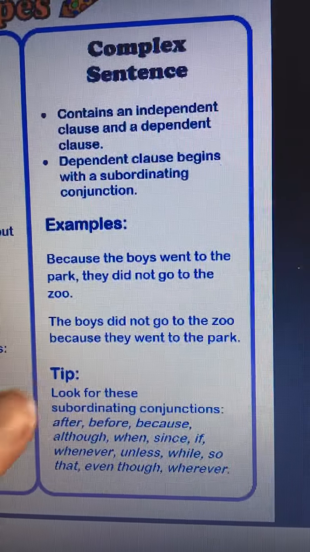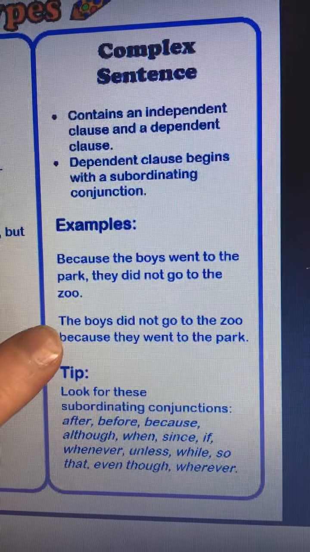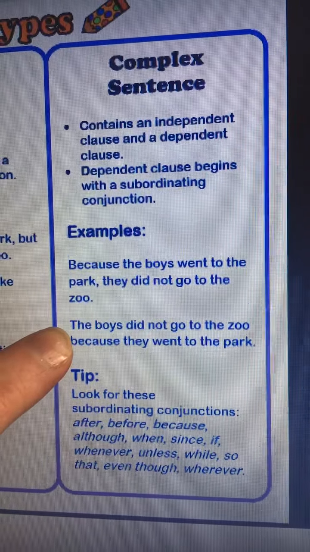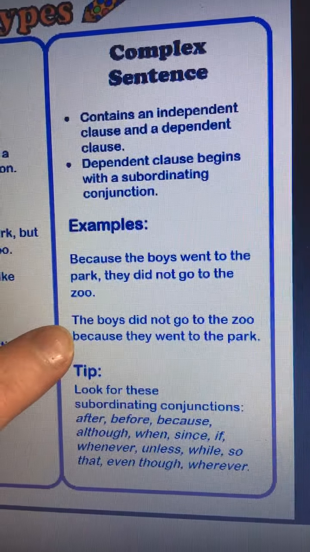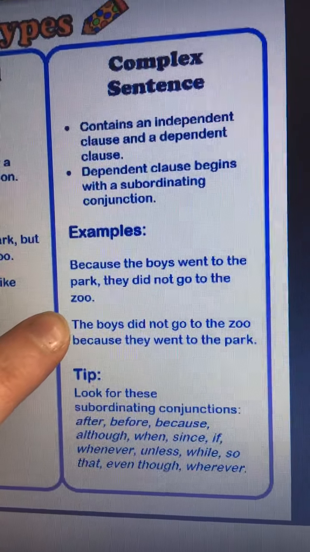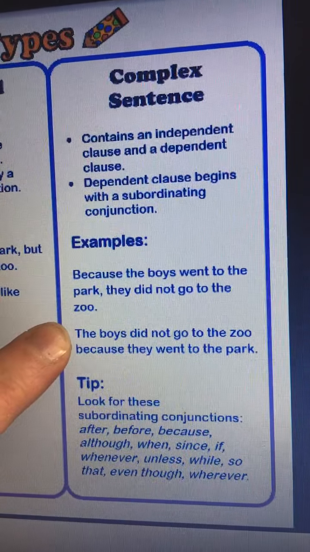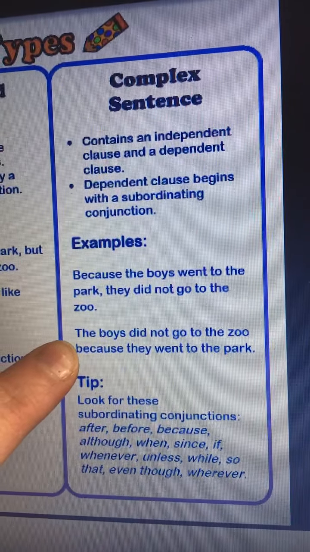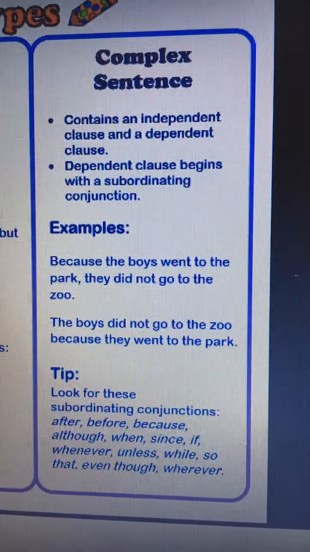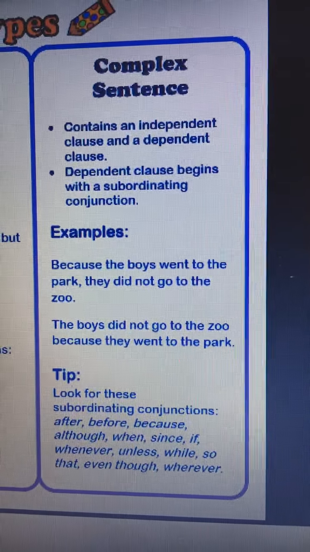Okay, our second example here, the boys did not go to the zoo because they went to the park. Again, if we separated it, we could say the boys did not go to the zoo, period. We can't say because they went to the park. That piece doesn't make sense on its own.